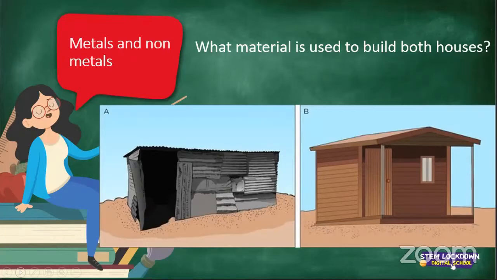Now the difference between the two is that in picture A, the tin can rust. It's also not very safe, because if you scratch yourself against rusted tin and don't treat it and wash it with Dettol properly, it can become infected and you'll suffer from different problems later on.